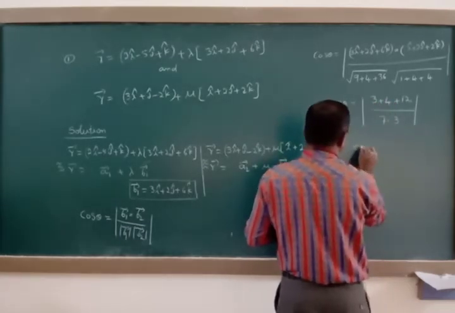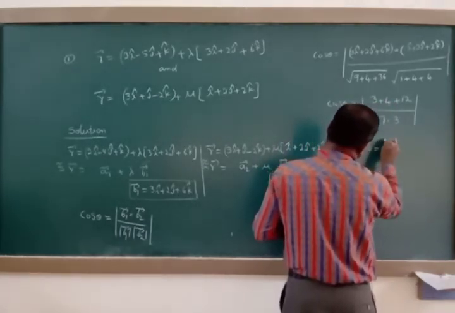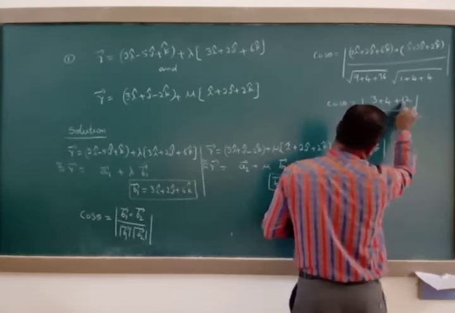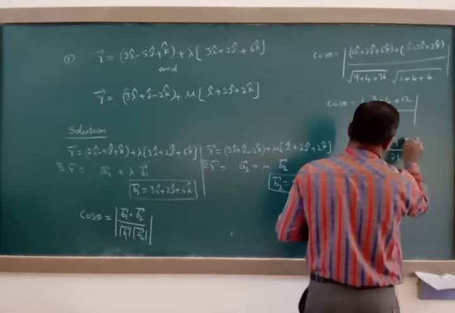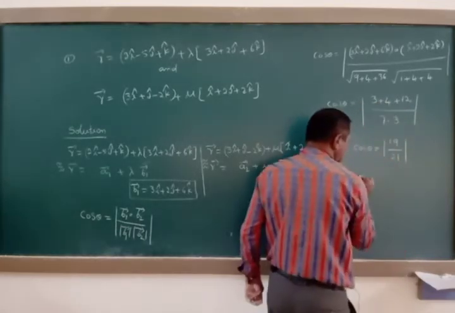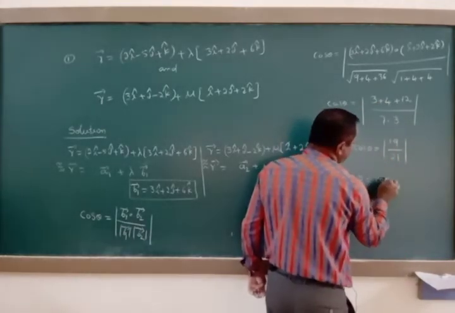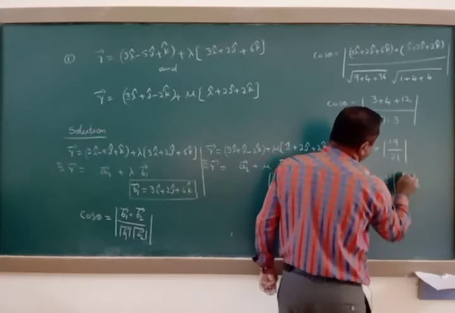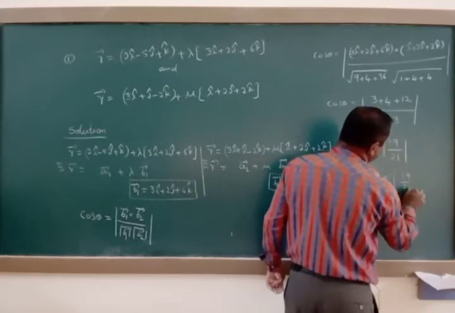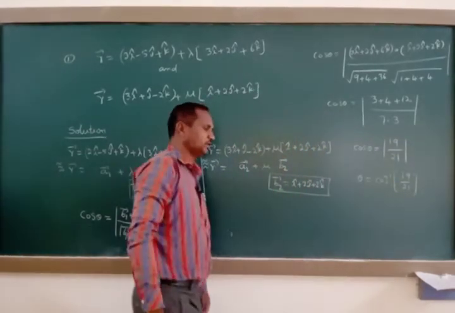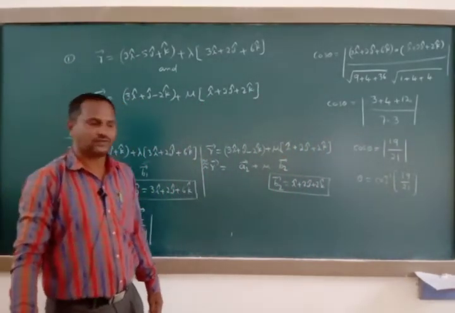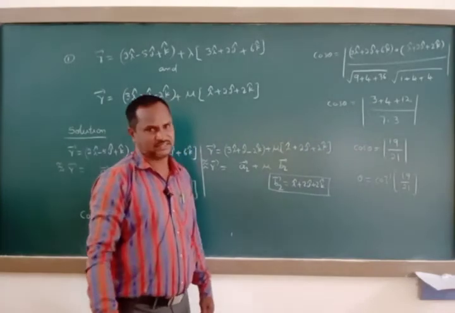Then cos theta is equal to modulus of 3 plus 4 plus 12, that is 19, divided by 7 into 3, that is 21. It is positive. Or you can write theta equal to cos inverse of 19 by 21. Like that we find the cosine of the angle between the two lines.